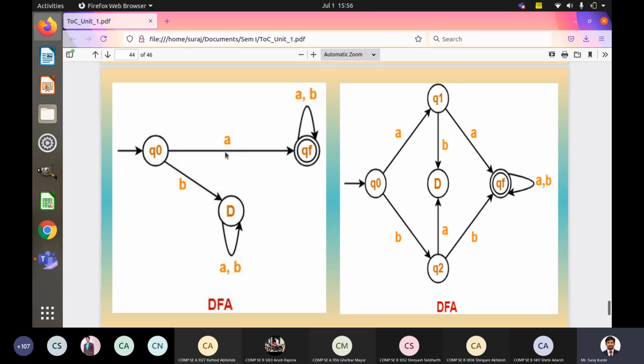For Q0, if the input is b, the next state is D.